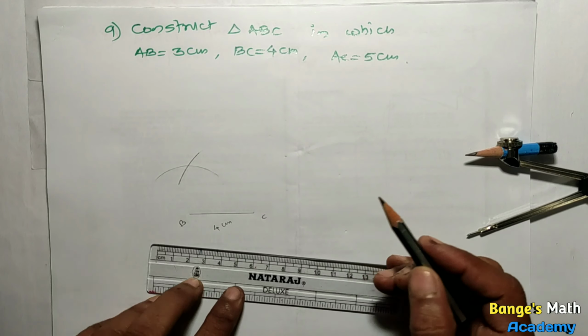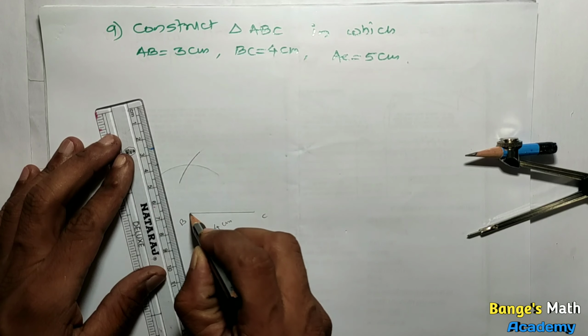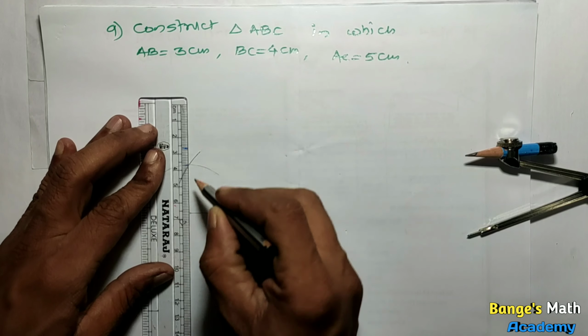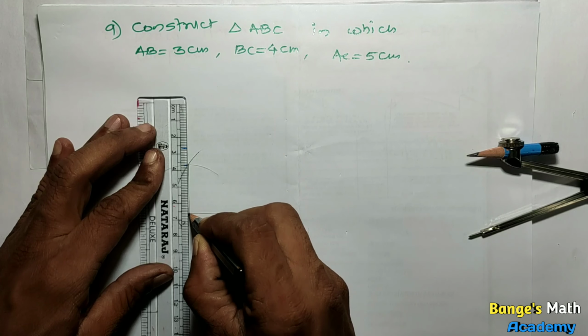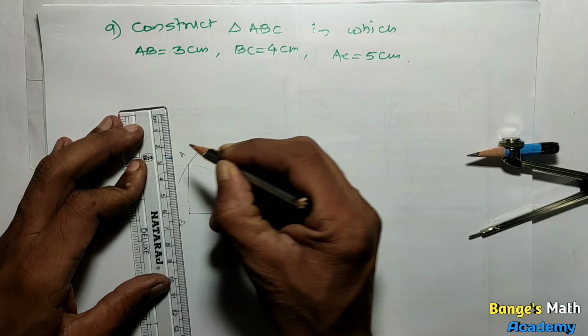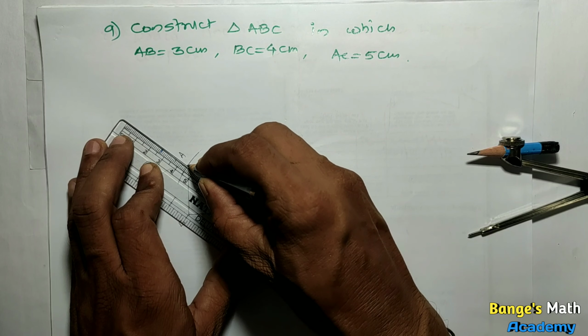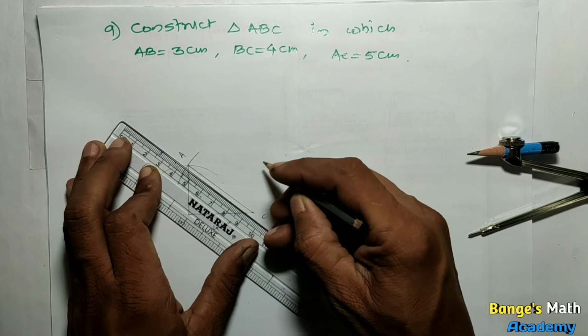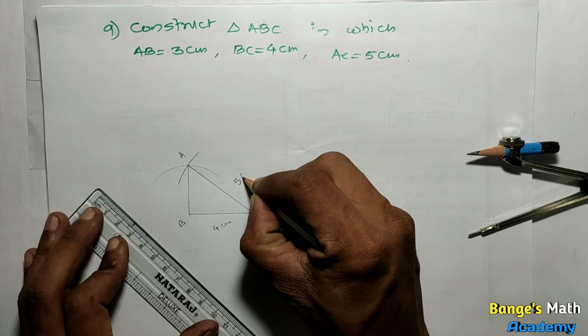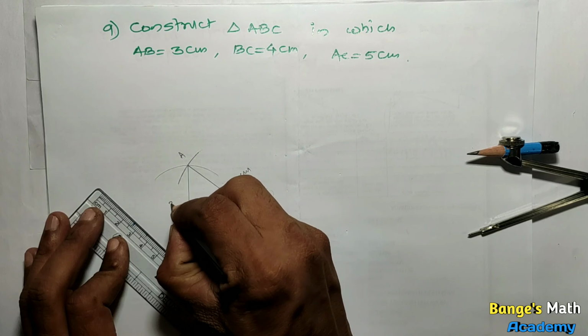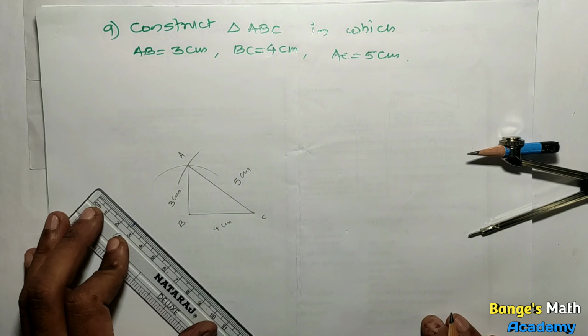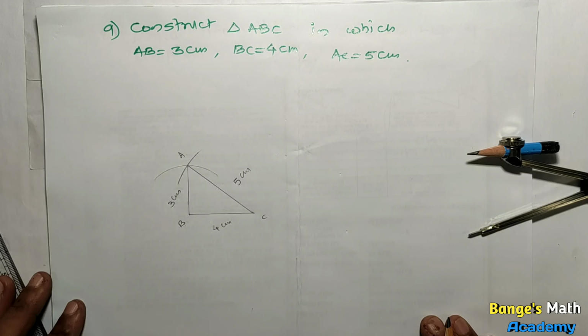Then join point B and this point. This point is A and join segment AC. So segment AC is 5 cm, segment AB is 3 cm. Hence we completed basic constructions.